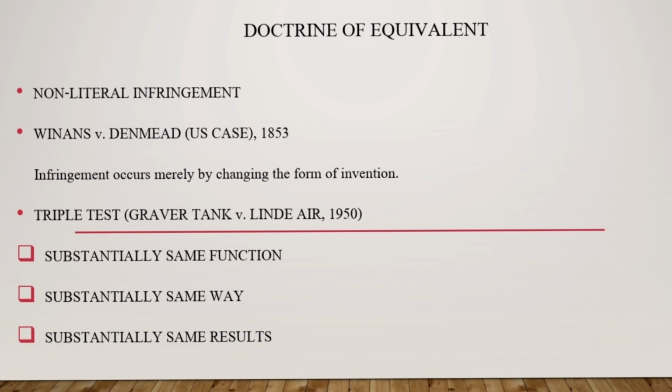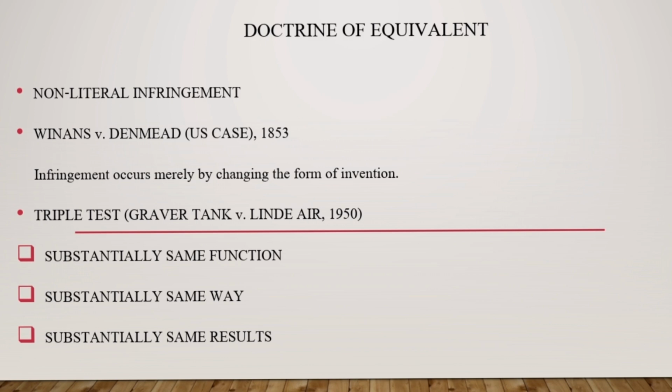What the category of A and B's tablets are, both come under medicine, hence the first test is passed. Then the second test, substantially same way, the process of making the tablet is also the same, hence the second test is also satisfied. Then finally the third test, substantially same results, it means usage. Both are being used to cure headache.